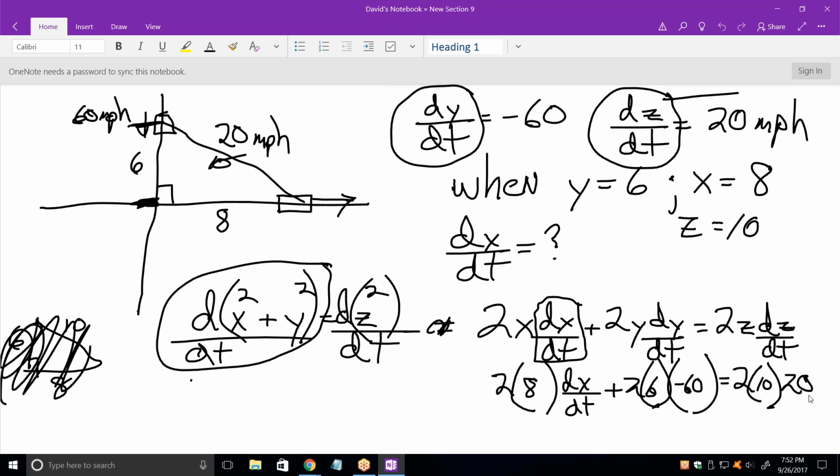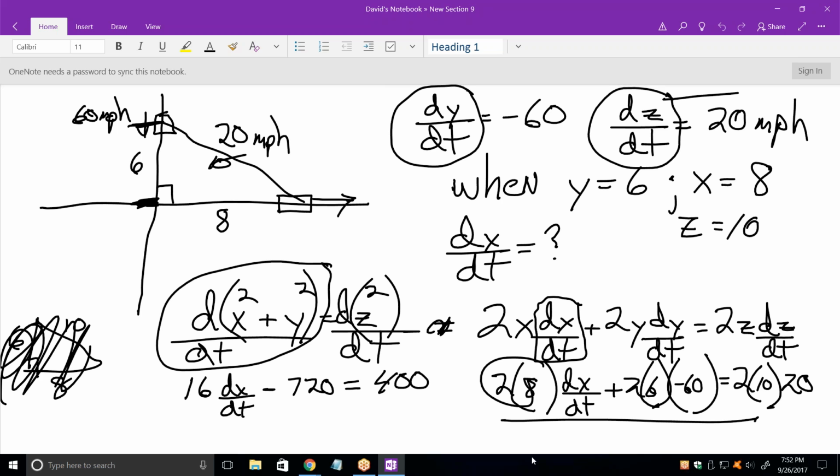Let me see if I can do this math real quick. I get 16 dx/dt minus 720 equals 400. That's what I get when I solve that. In other words, all I'm doing is simplifying that, simplifying that, simplifying that.